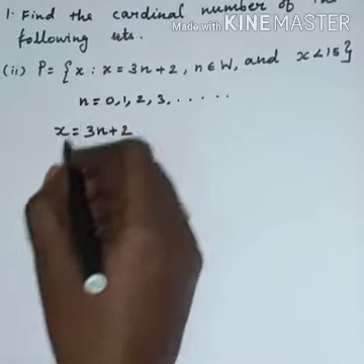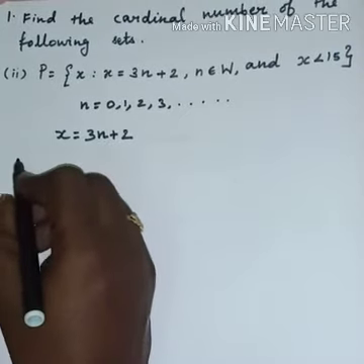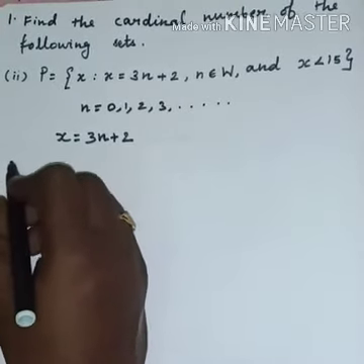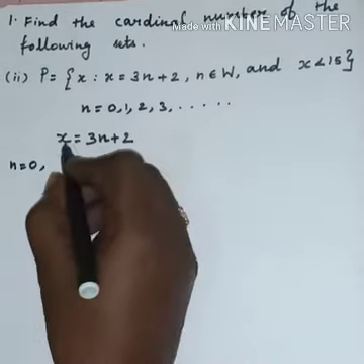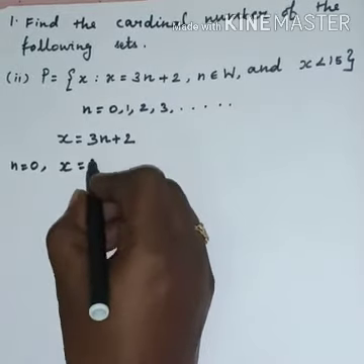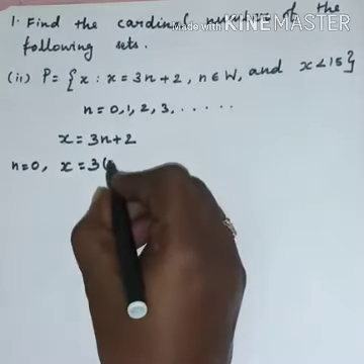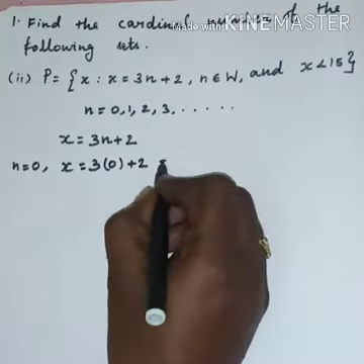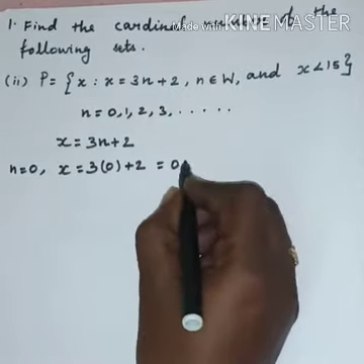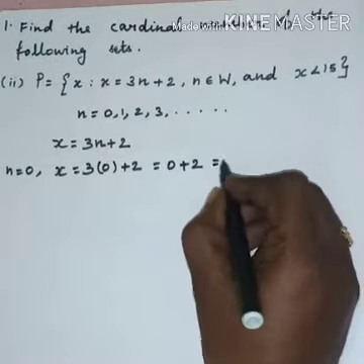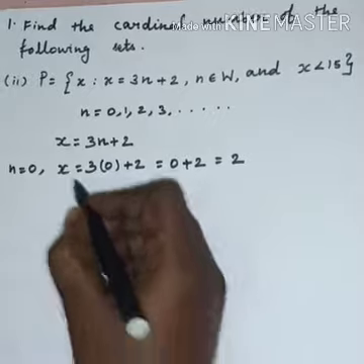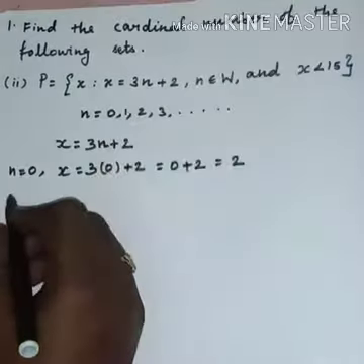First, put n is equal to 0. Then x is equal to 3 into 0, plus 2. 3 into 0 is 0, and 0 plus 2 is 2.